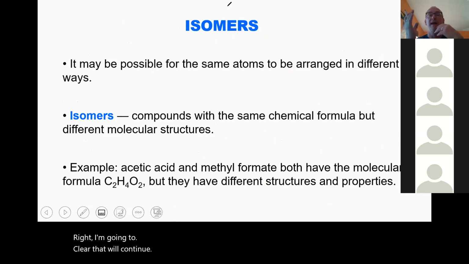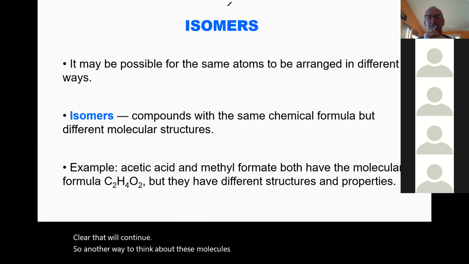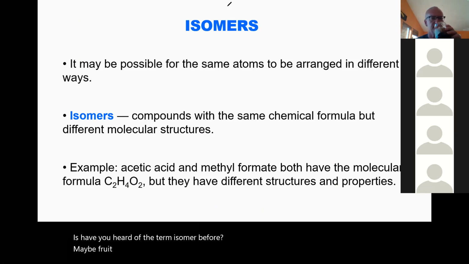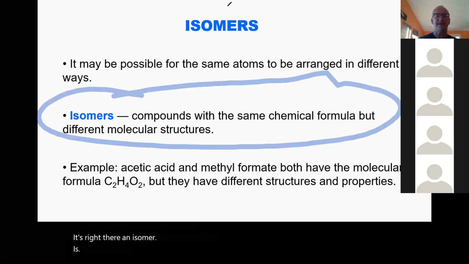So another way to think about these molecules is to talk about isomers. Anyone know what an isomer is? Have you heard of the term isomer before? Maybe you've heard about isometrics or something. It's right there. An isomer is 2 compounds that have exactly the same chemical formula.